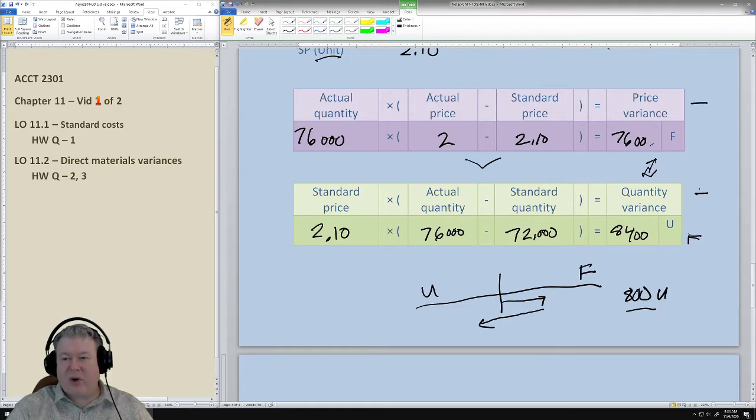Once we separate price from quantity variance, we'll see that we actually did really well on price and really poorly on the amount that we used. We used way more than we should have, even though we were getting a good price. And in fact, the excess we used outweighed the favorable variance we got on the price. So the buyer did a good job. The manufacturer was not doing a good job.